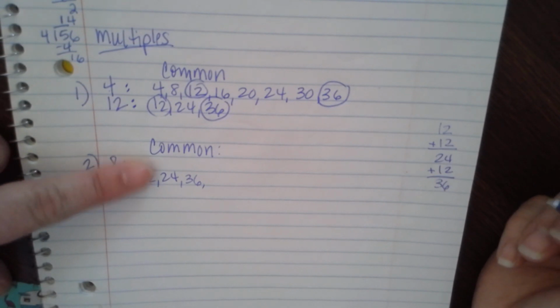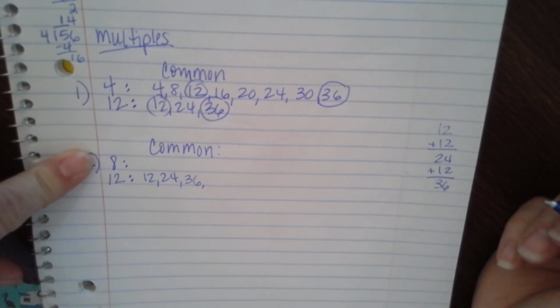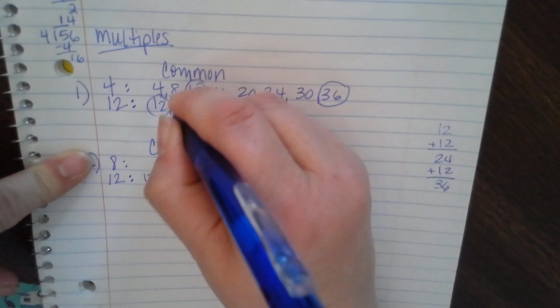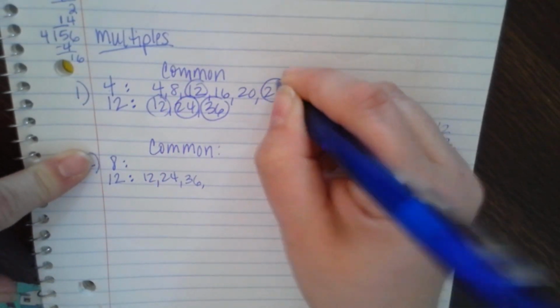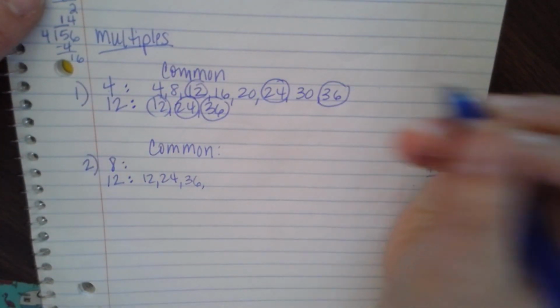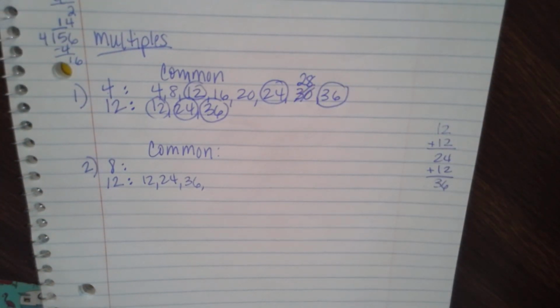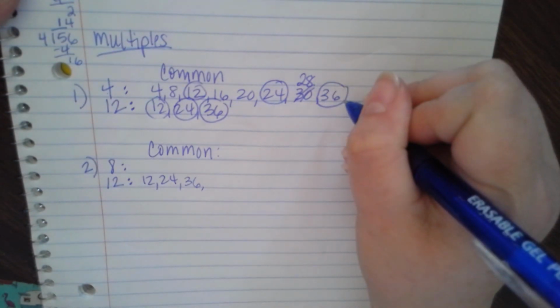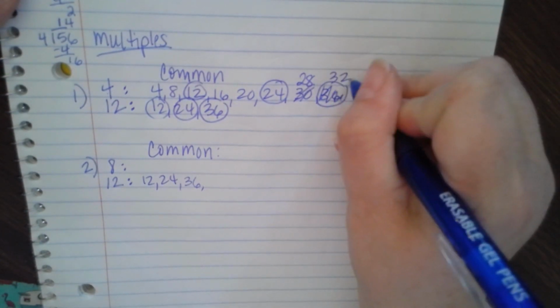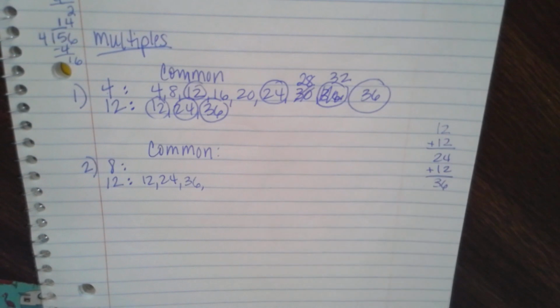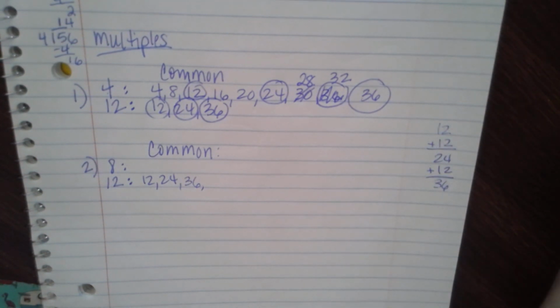There are 24s, and also the 30 should be 28, and the 32 was left off as well, so 32, 36. Pointing out some teacher errors, good for you.